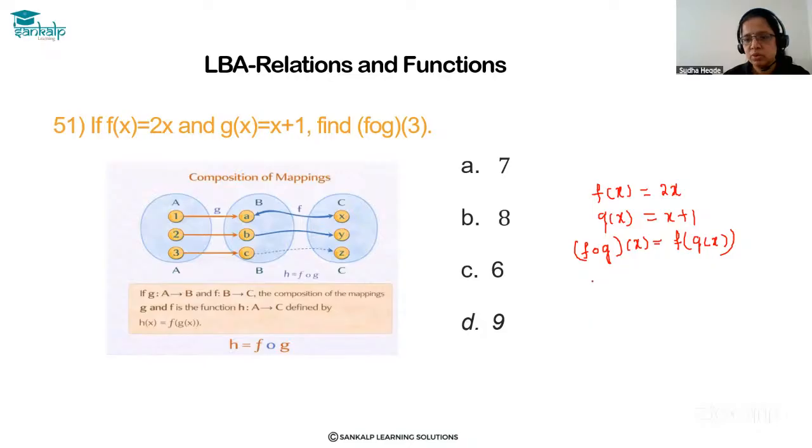So f composition g of x is equal to f of, what is g of x? It is x plus 1. f of x plus 1.